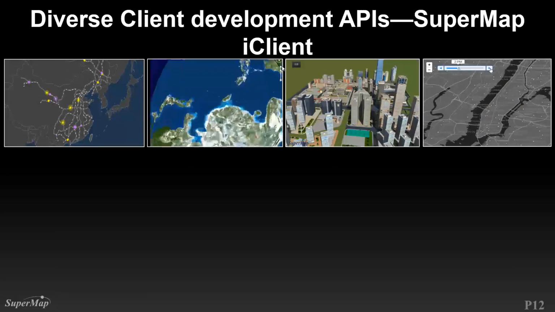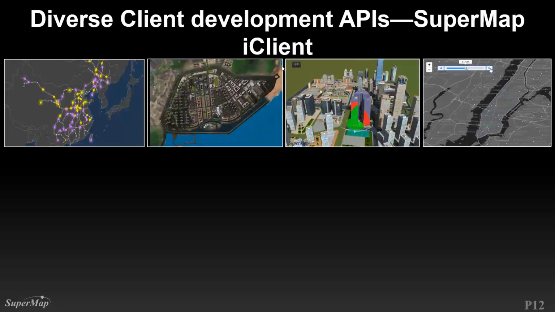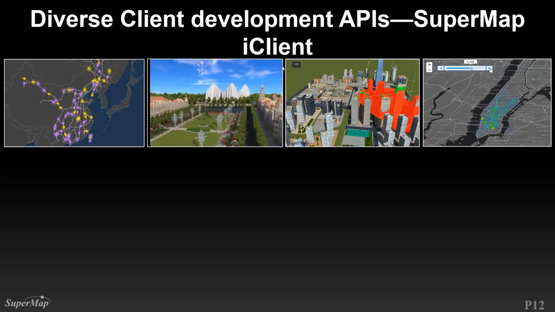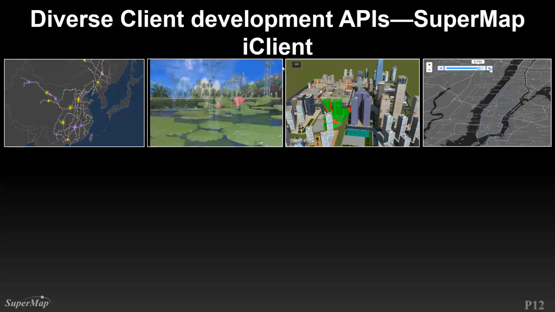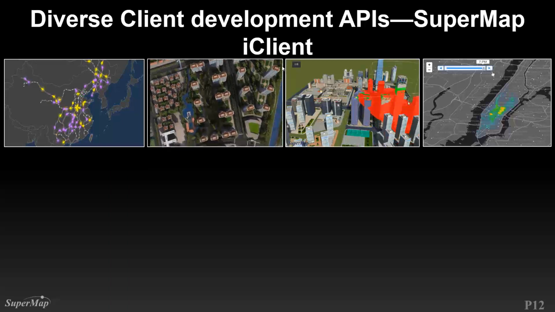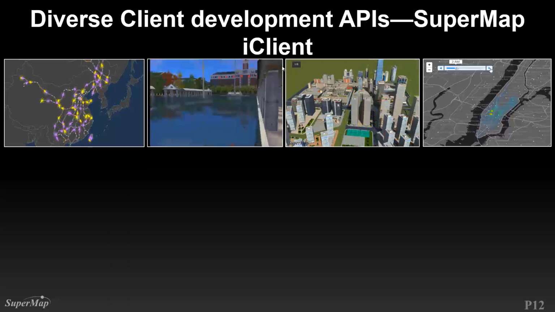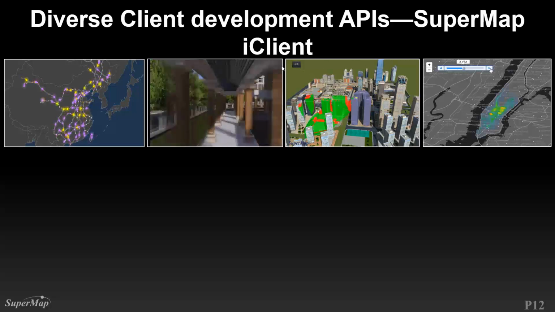Okay, now let's take a look at another important capability of SuperMap iServer. Another important capability of SuperMap iServer is the diverse development APIs offered. SuperMap iServer provides the client GIS application development toolkit, SuperMap iClient.